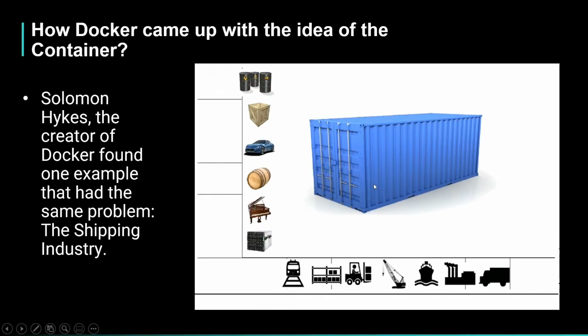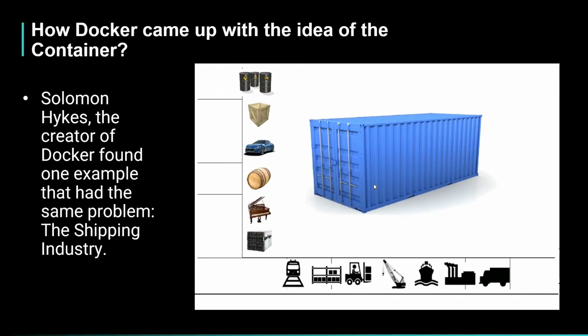The shipping industry has been around for centuries, and they had the same problem. So in the 1950s, people got together and agreed on a standard box, a format, a set of operations, and started using it. So the shipping container was born.